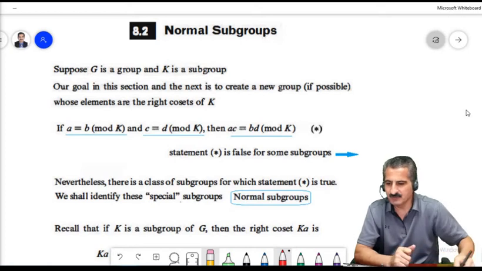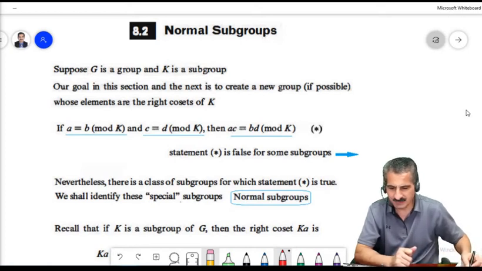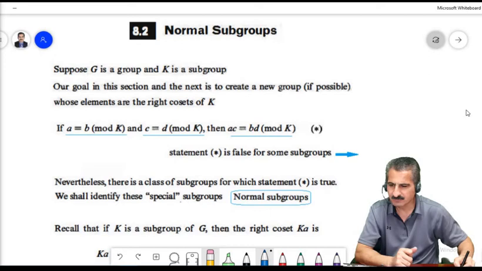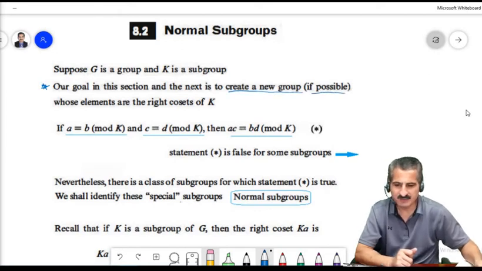So our goal in this section and in the coming section is to create a new group. Now here it says if possible.